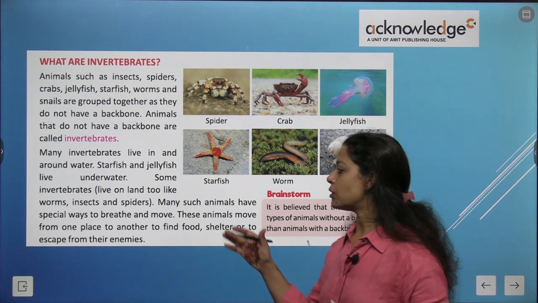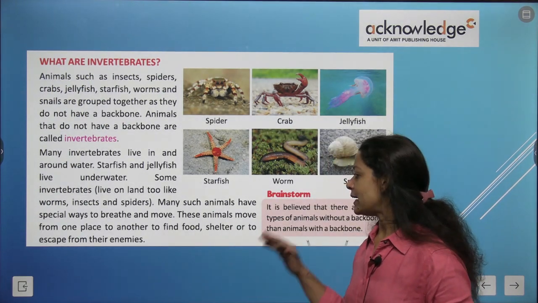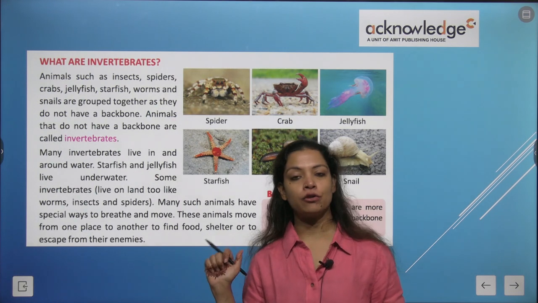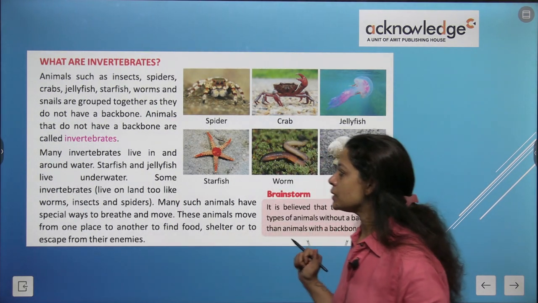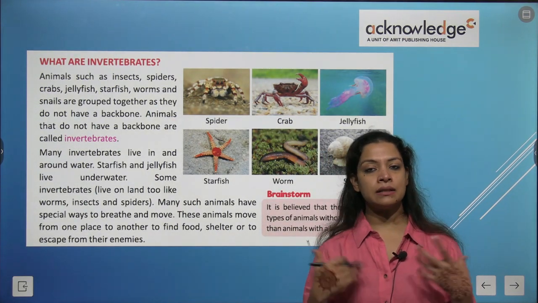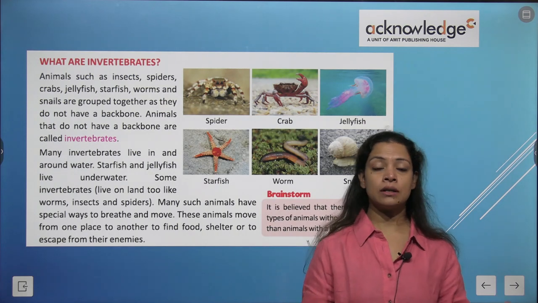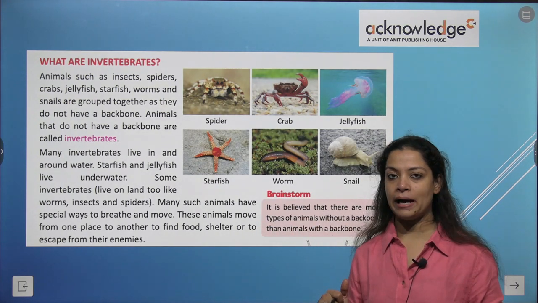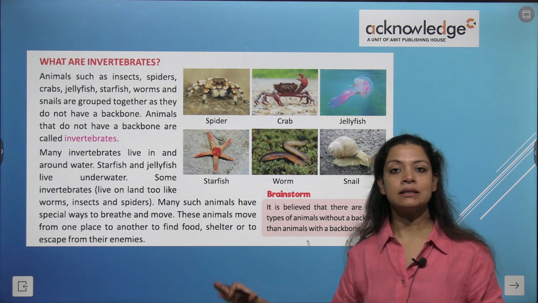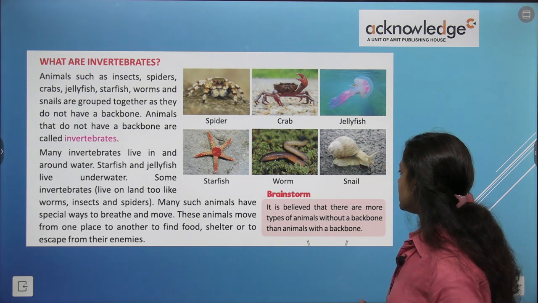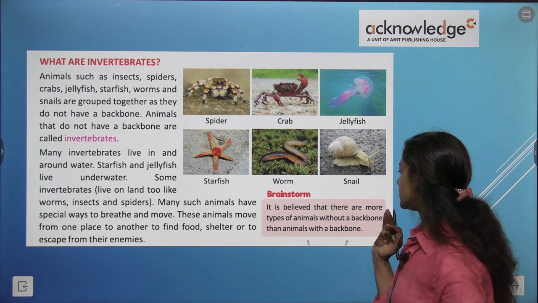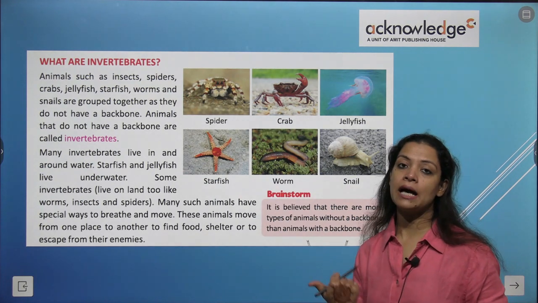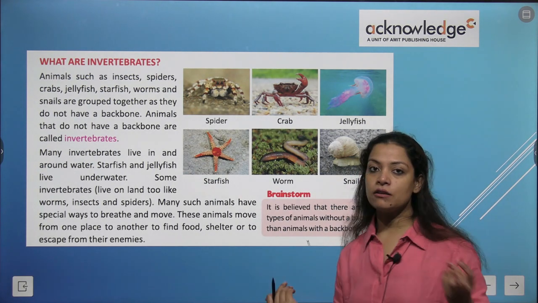These animals move from one place to another to find food, shelter or to escape from their enemies. So you can see invertebrates are on land and in water. Those animals which do not have backbone are categorized in this category. It is believed that there are more types of animals without a backbone than animals having a backbone. So it is a fact.